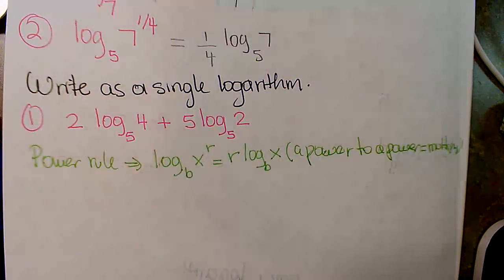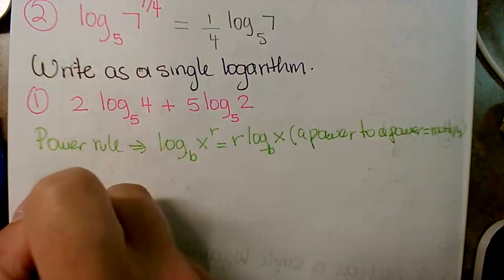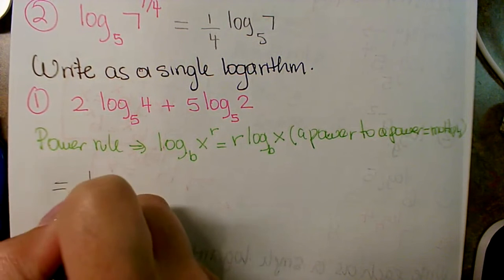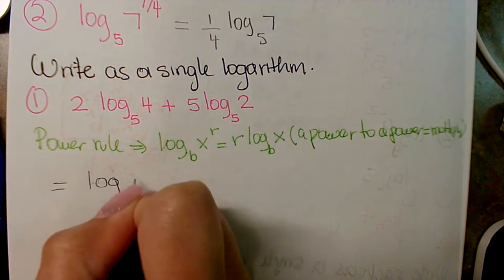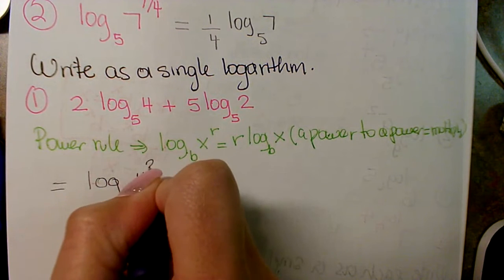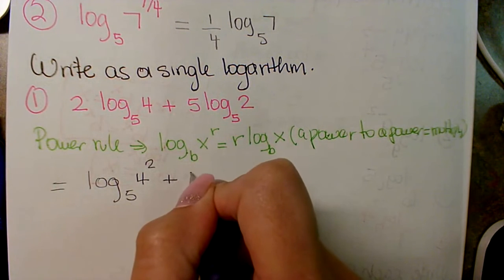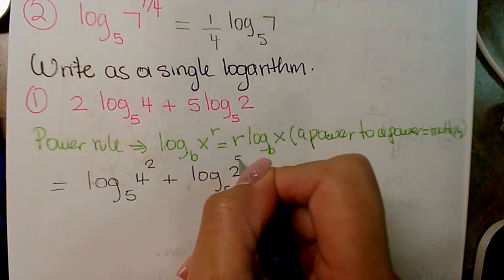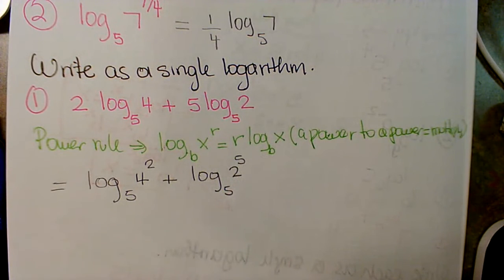Now, so let's use it. So we're gonna do log base 5 of 4 to the second power, and this one is gonna be log base 5 of 2 to the fifth power. There we go.